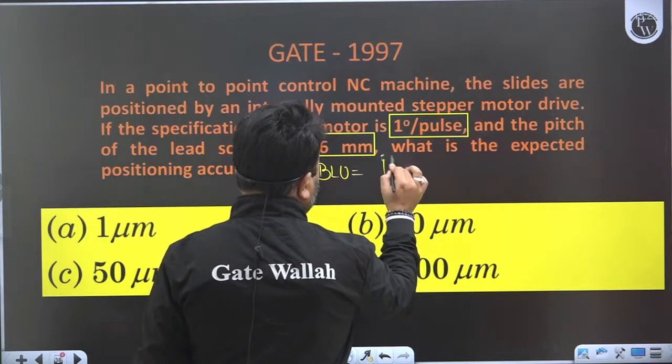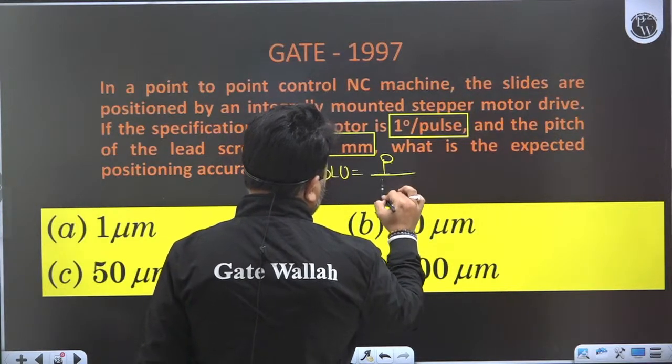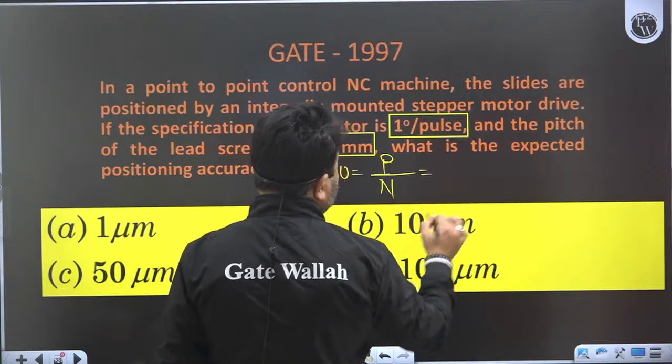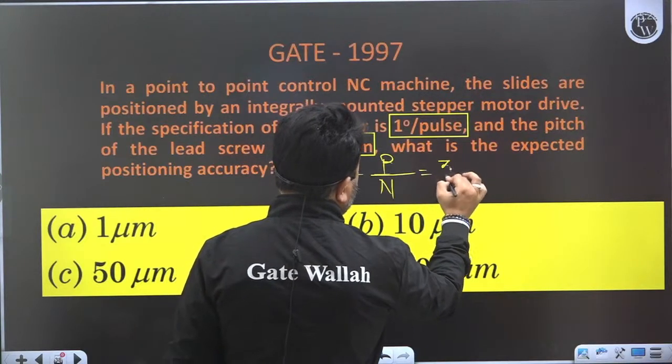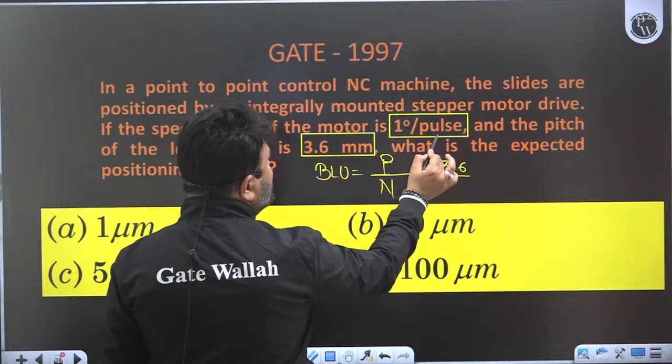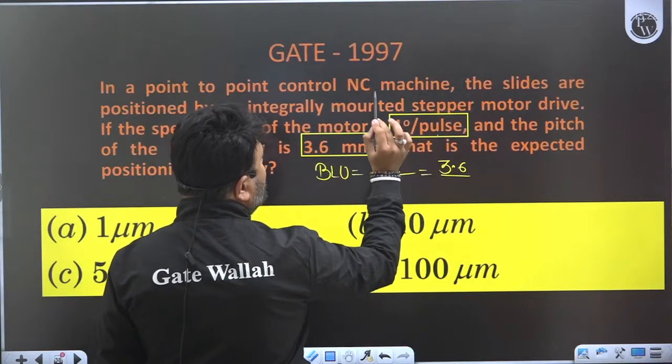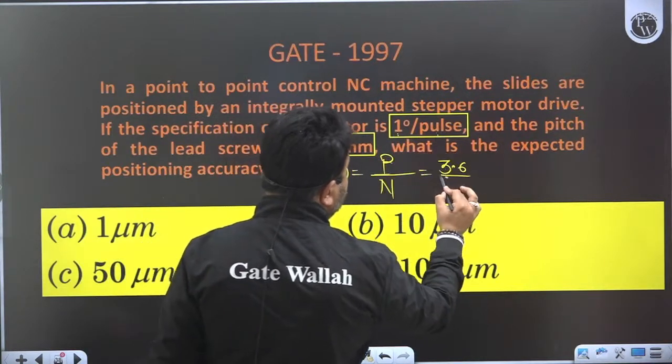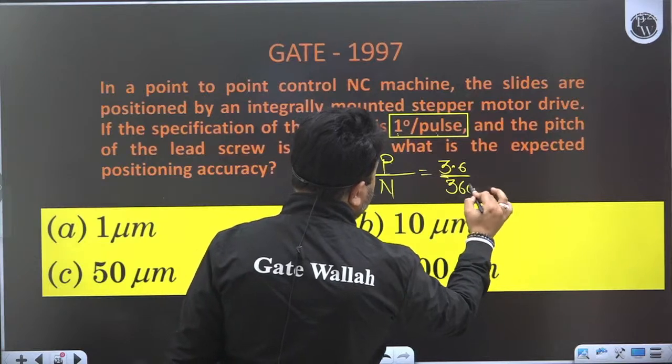So BLU is pitch divided by number of pulses for full rotation. Pitch is 3.6. Now 1 pulse for 1 degree, so for 360 degrees we require 360 pulses.